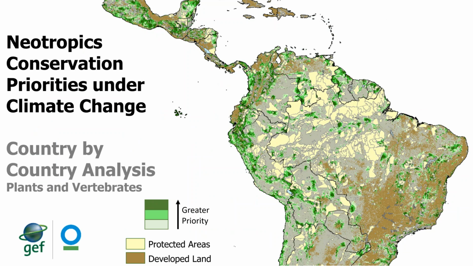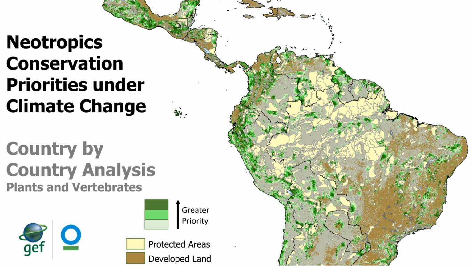Okay, so the data we'll be looking at today is derived from the same information that you see on the screen now. So what's on the screen now is the priority for all species, all plant and animal species that we're able to model in the neotropics. For the neotropics, that was close to 50,000.